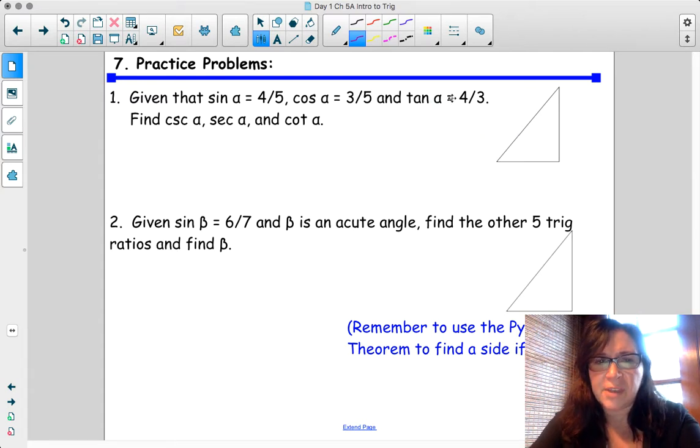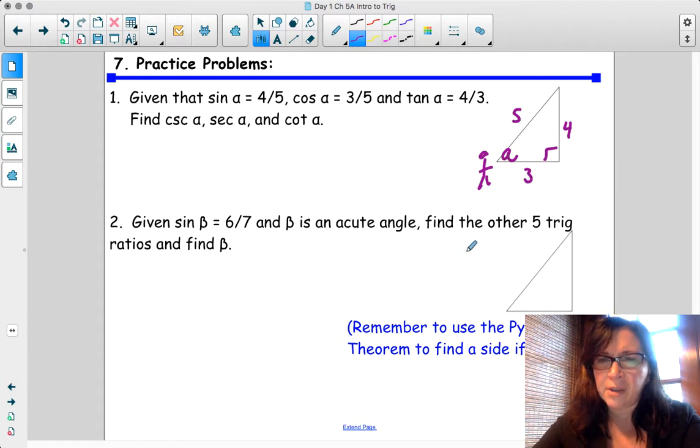The first one says, given that sine of A, is that an A or a theta? It looks like an A, actually. So sine of A is equal to 4/5. Again, you can put yourself here at the angle if that helps you. Sine is opposite over hypotenuse, cosine is adjacent over hypotenuse, and tangent is opposite over adjacent. Your job is to find cosecant, secant, and cotangent.